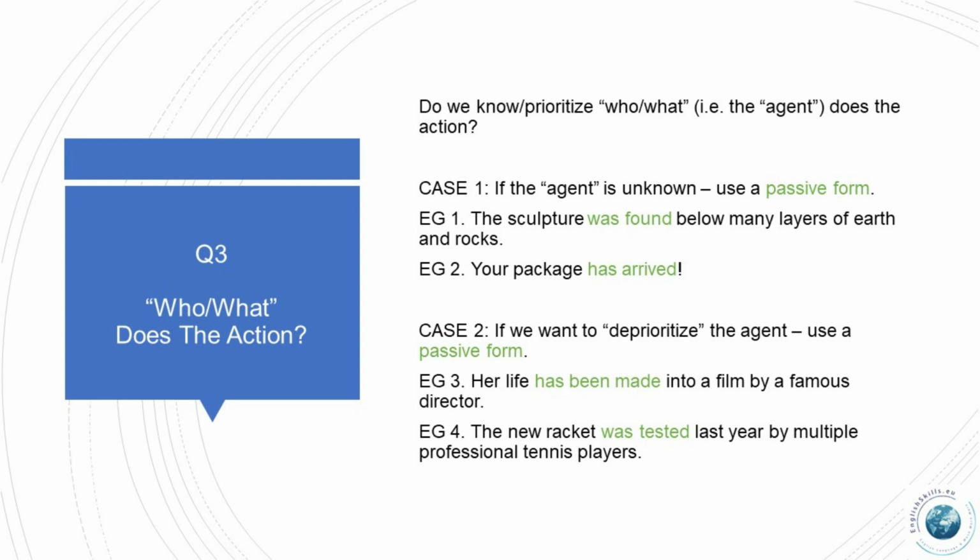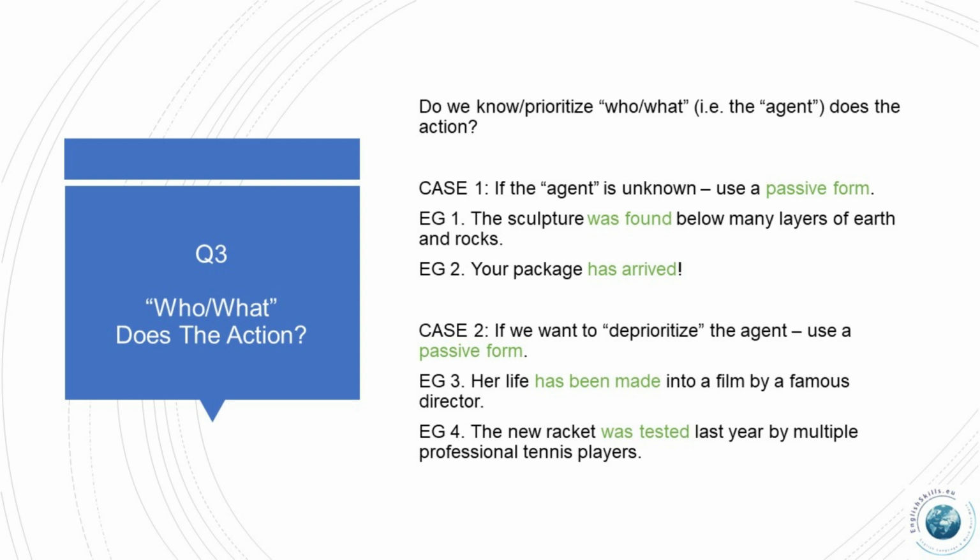Case 2, if we want to deprioritize the agent. You've already been sensing this in some of the previous examples. We use the passive form. Example 3. Her life has been made into a film by a famous director. The director has not been named, or we deprioritize, and therefore her life is prioritized, you see? Whatever comes first or earlier in an English sentence typically is the main subject and we're prioritizing it.